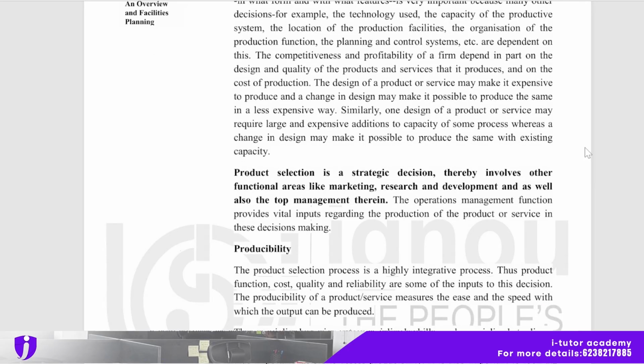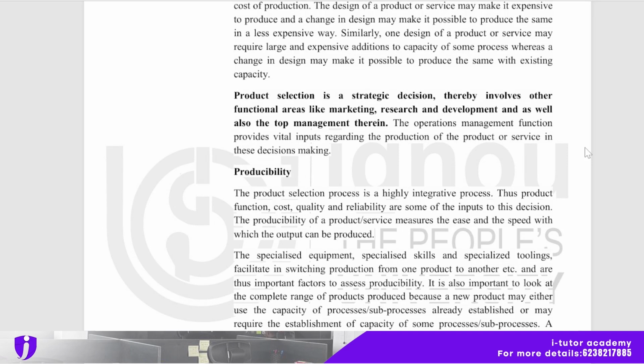Product selection is a strategic decision and thereby involves other functional areas like marketing, research and development, and also the top management. The operation management function provides vital input regarding the production of the product or service in this decision making.